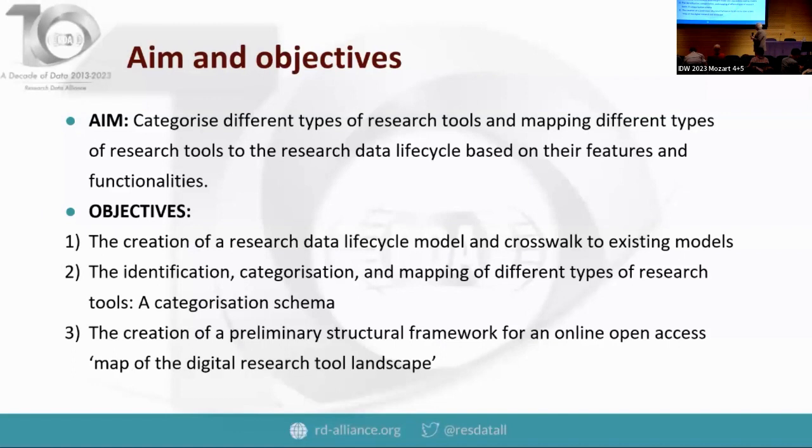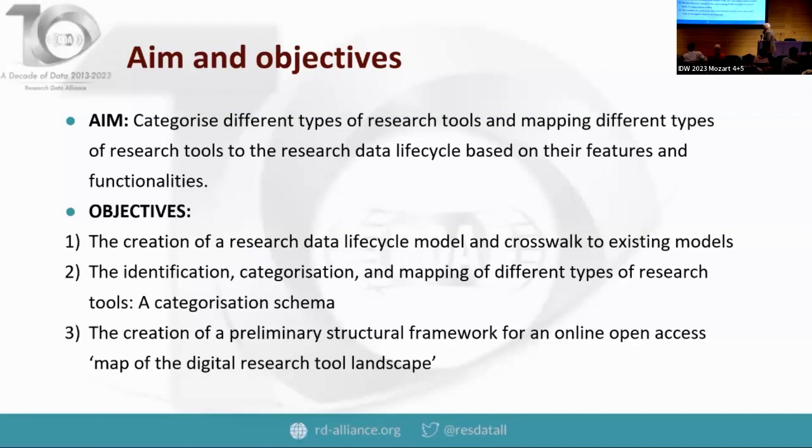So the aim of the working group is to categorize different types of research tools and map those research tools to different research data life cycles based on their features and functionalities. It's a huge sentence. It's a complex sentence. There's a lot going on in there, and you'll see too, I think, in the working group today that it's not so easy.